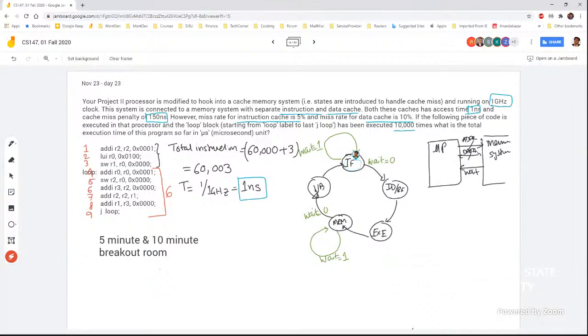Let's say this was given as a 4 nanosecond access time. In that case, every memory access, say the instruction fetch, needs to wait for 4 cycles of the processor clock, since the clock cycle is 1 nanosecond.